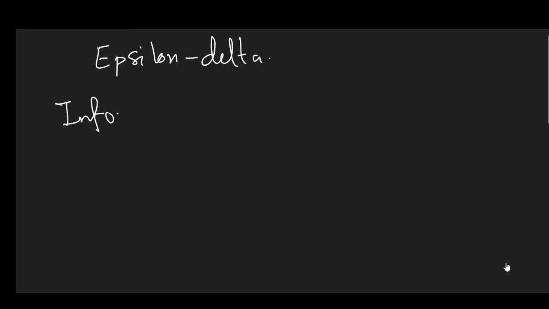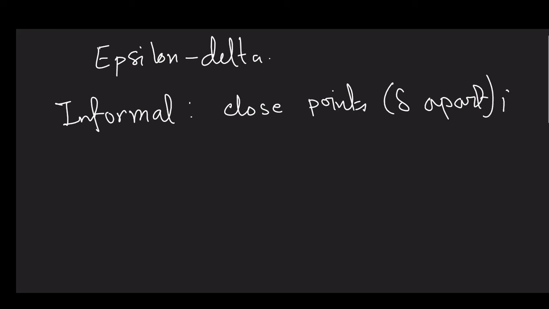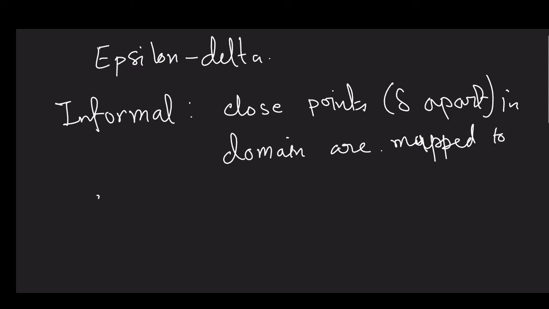I would like to give you an informal description: close points, delta apart in the domain, are mapped to close points, epsilon apart.